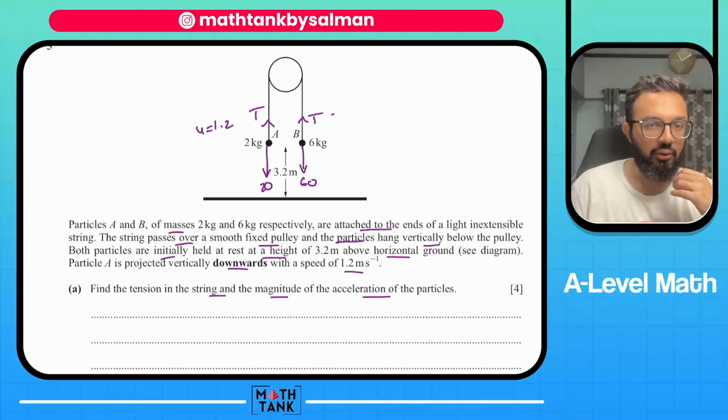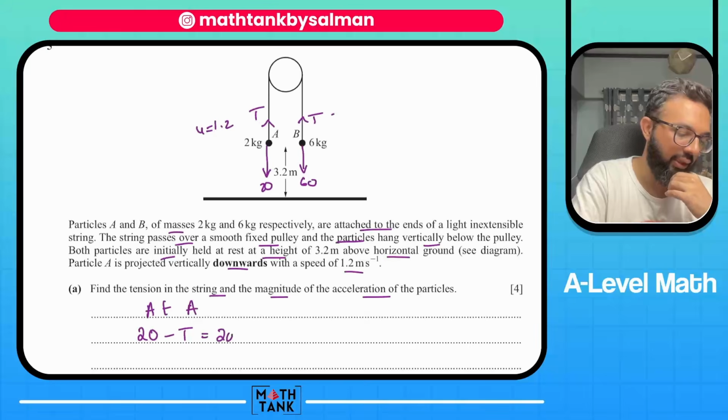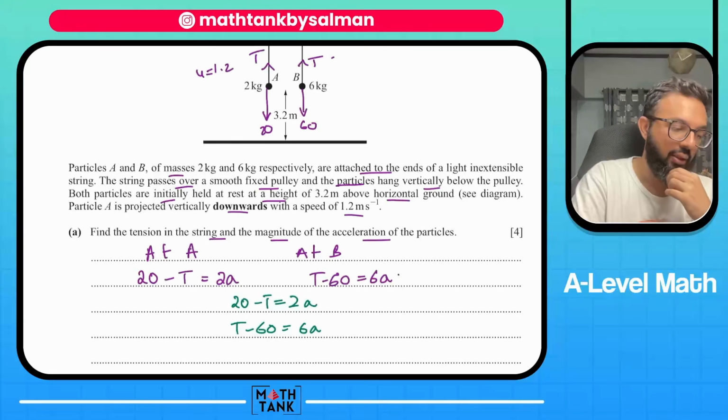Okay, so in this case, the motion is basically in reverse. At A, what's happening is that I'm moving down: 20 minus T equals 2a. At B, it's T minus 60 equals 6a. I think acceleration is going to come out as negative because the system has to slow down. Why does it have to slow down? Because we're moving in the opposite direction.